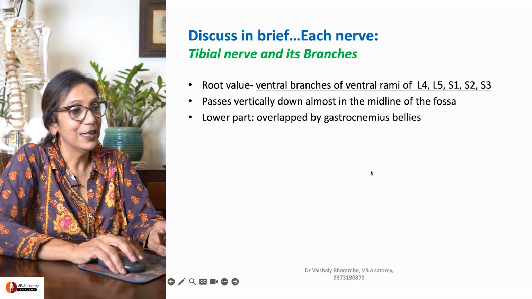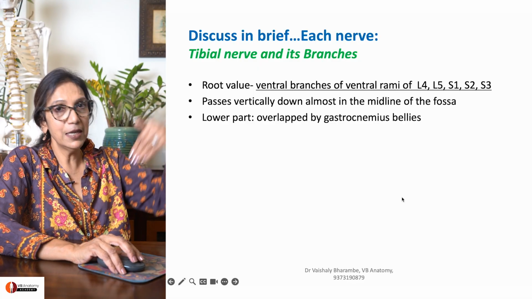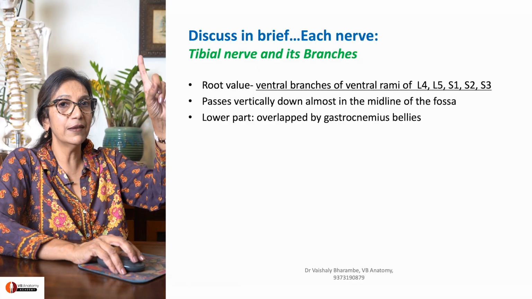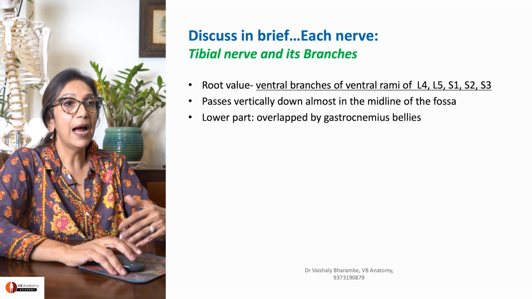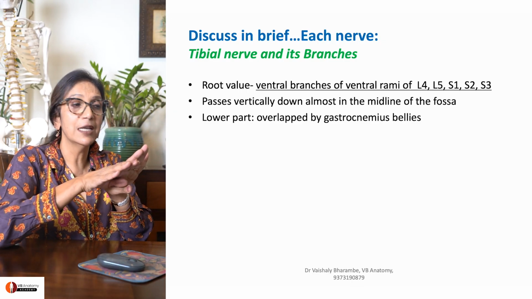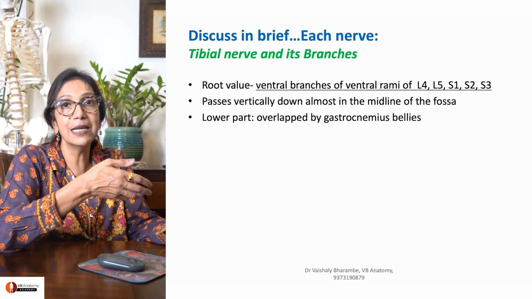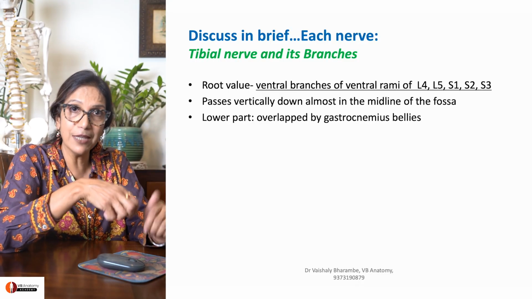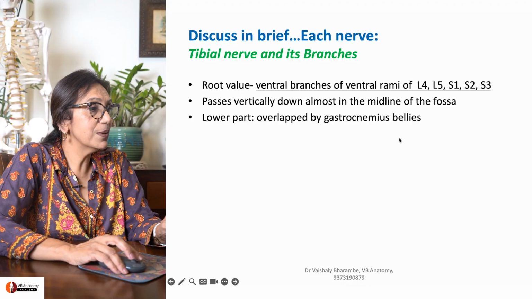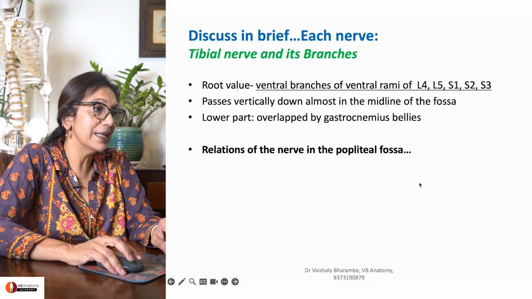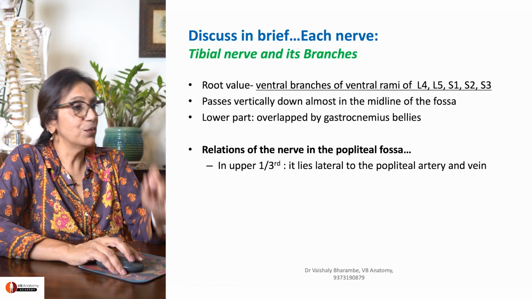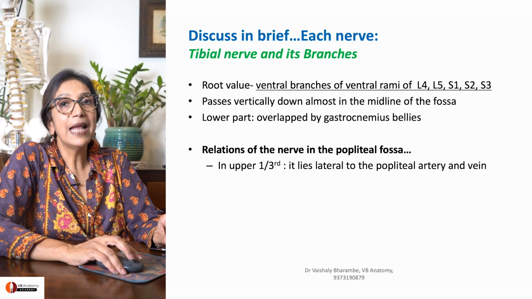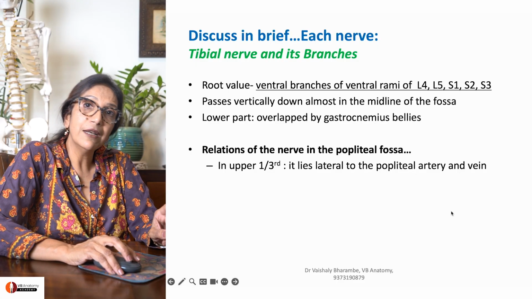So, tibial nerve enters into the popliteal fossa right at the top of the diamond. Descends down vertically, at times hidden by the two bellies. When you're dissecting, you won't see it easily. It might be hidden by the bellies of gastrocnemius. In the upper one-third of the fossa, it lies lateral to the popliteal artery and vein.